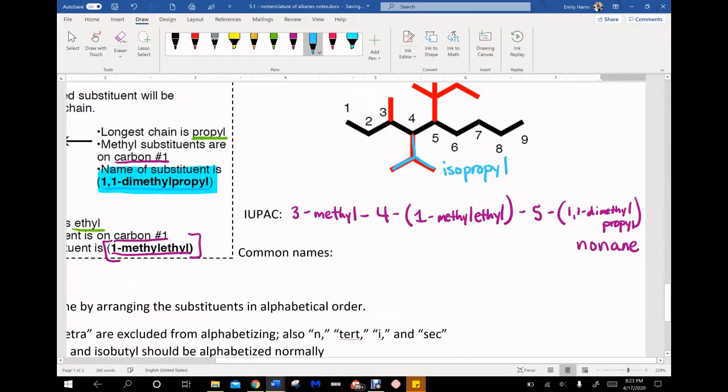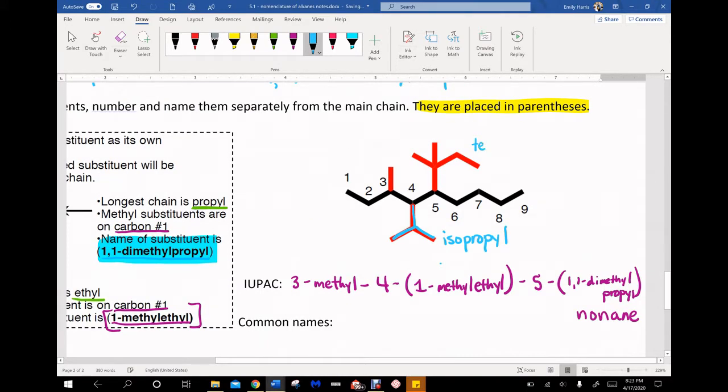And so this other chain is called tert-pentyl. Sometimes instead of saying tert for tertiary, they'll just leave it as a T, and it'll say T-pentyl. Again, that's a tertiary carbon with 3 other carbons attached, and then you have a total of 5 carbons.